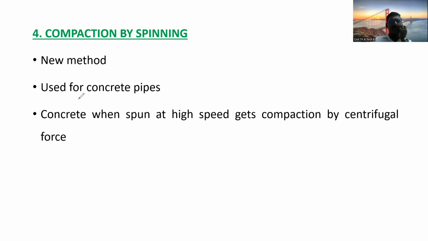Some concrete pipes you have seen, the hollow pipes, where the diameter is larger but the thickness is very less. Are you getting? So thickness is very less. At that time, spinning is required. For the compaction of these pipes, we can use the spinning method or spinning type of compaction.